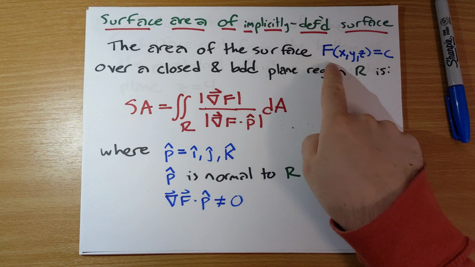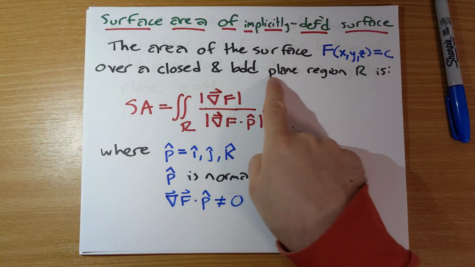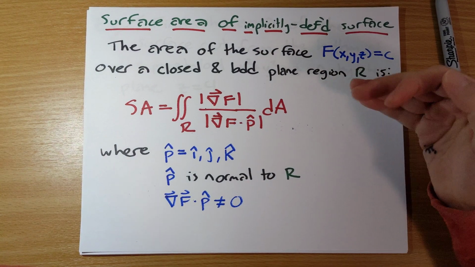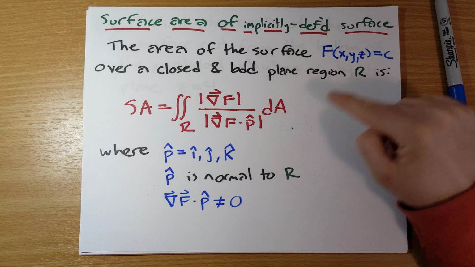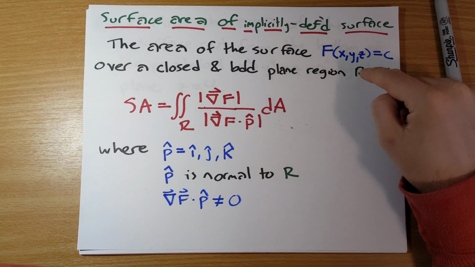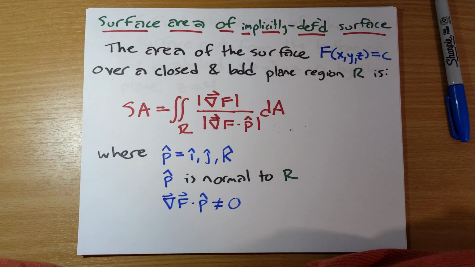So the area of the surface f of x, y, z equal to a constant over a closed and bounded plane region R. The point here is that R is the shadow of the part of the surface we're thinking about, in, let's say, the xy plane.